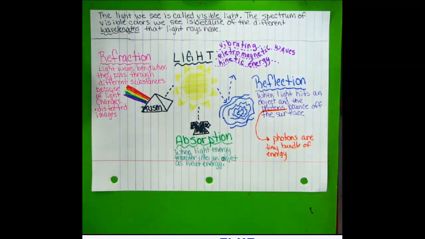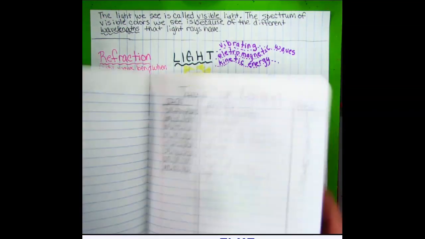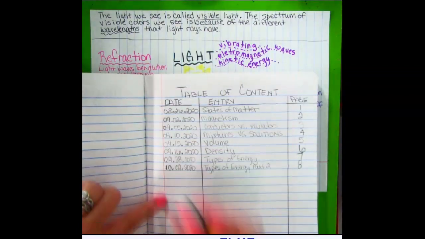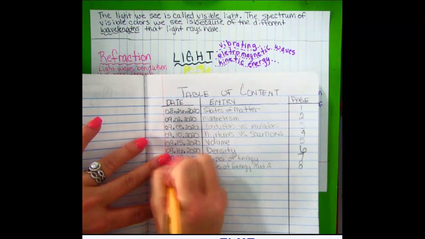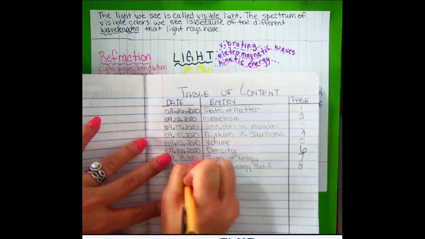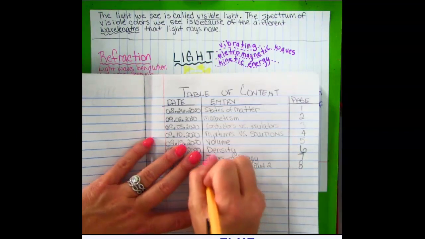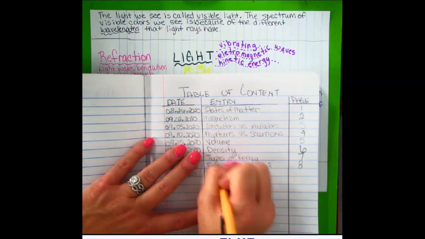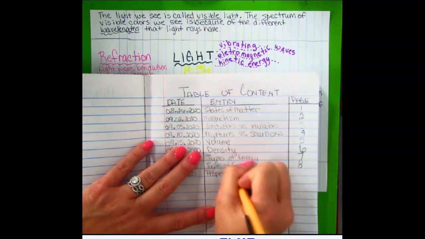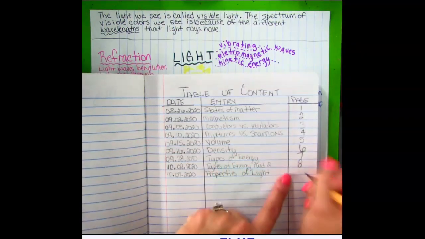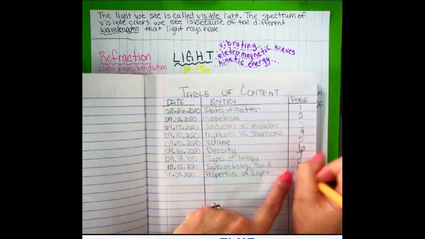Mine's going on page 9. I am going to write on my table of contents today's date, which is the 7th. This is properties of light. And mine is going to be glued down on page 9.